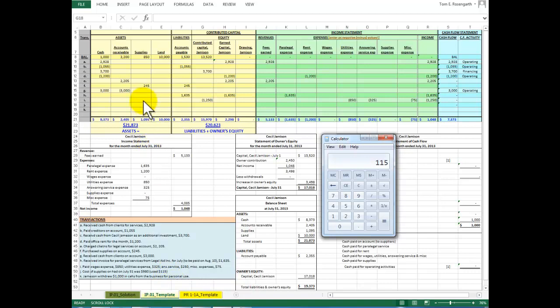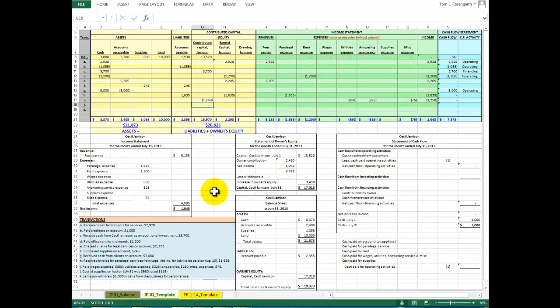So once we enter a negative $115 in supplies, the deduction of 115 brings the supplies asset account down to the physical count at the end of the month, $980. A cost that is incurred or an asset that is used up is an expense.